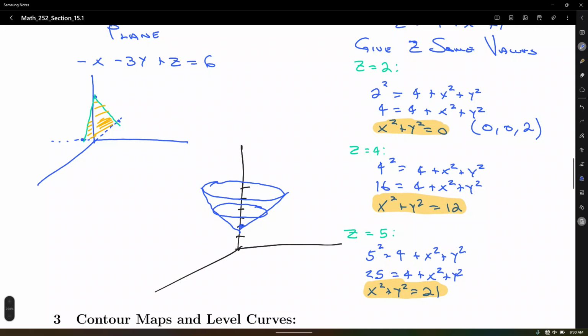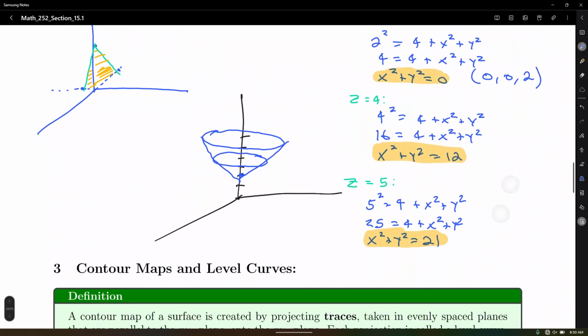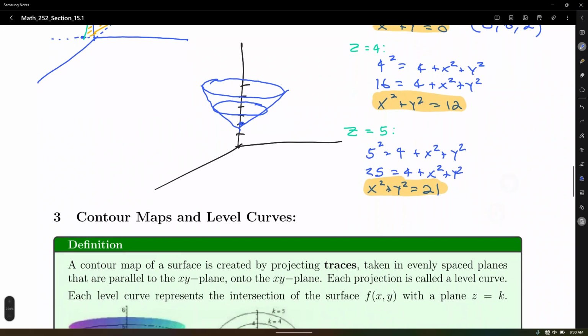Typically this is easy for cones, paraboloids, maybe ellipsoids, maybe spheres, at least in the first octant. Actually, what we're doing here, getting the traces to plot a surface in space, is in a way a prep for what's coming up: contour maps and level curves.